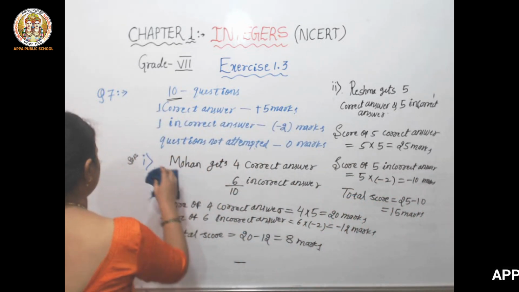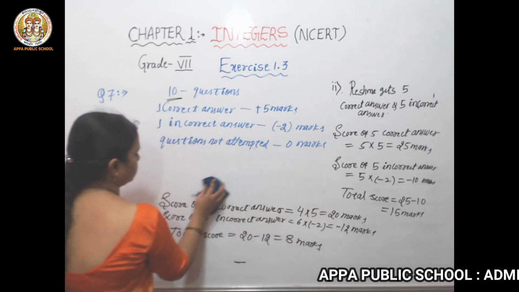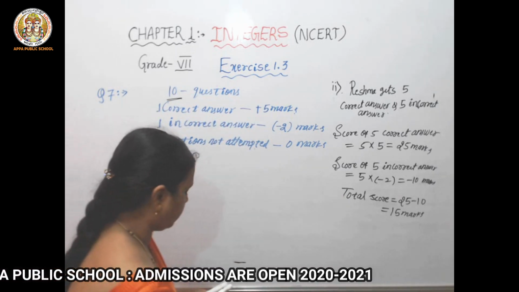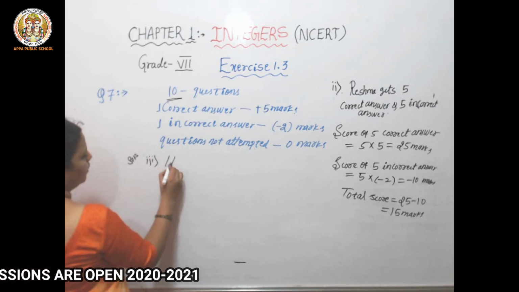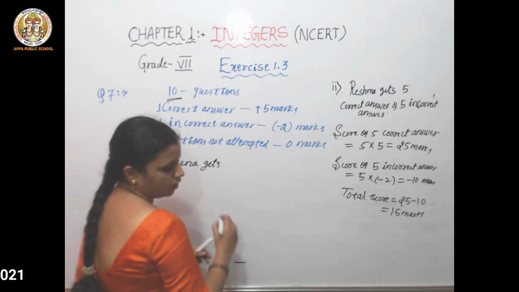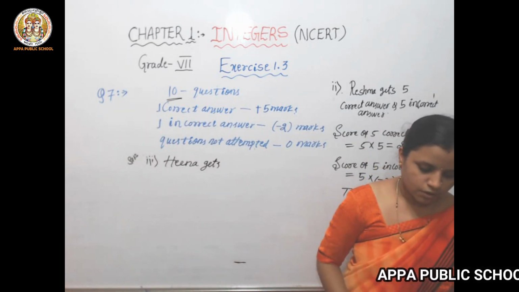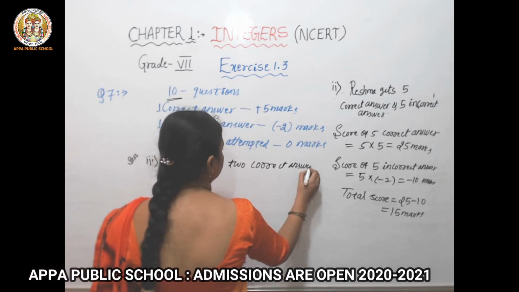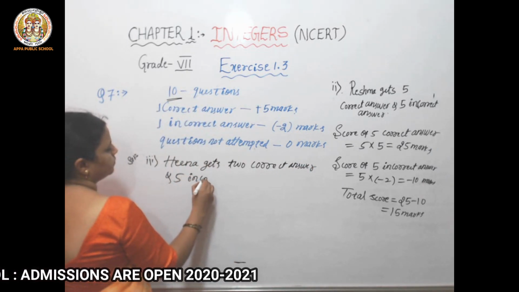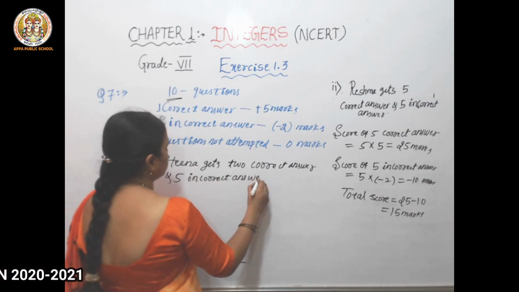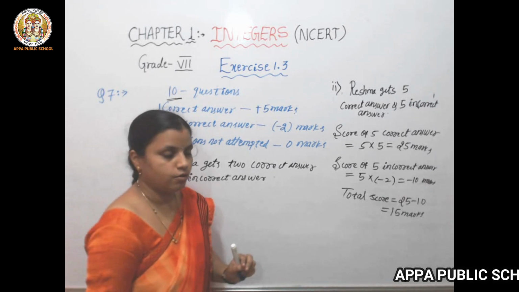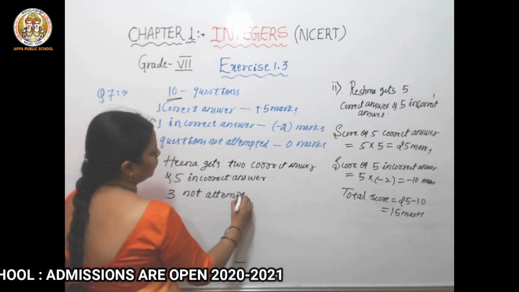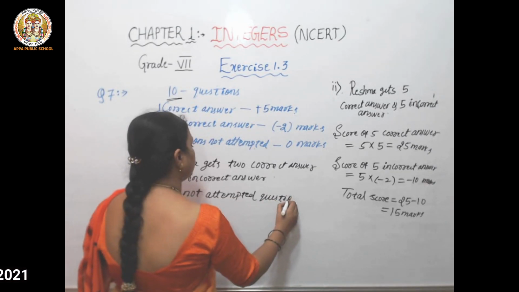So Hina gets 2 correct answers and 5 incorrect answers. 2 plus 5 is 7, so Hina attempted only 7 questions and 3 were not attempted. Now let us calculate the scores.